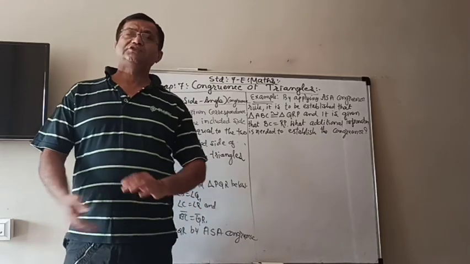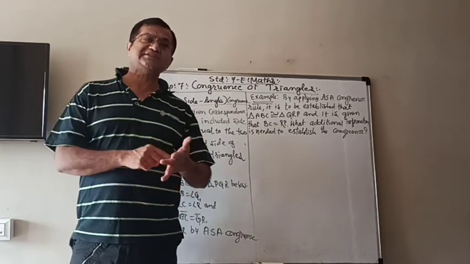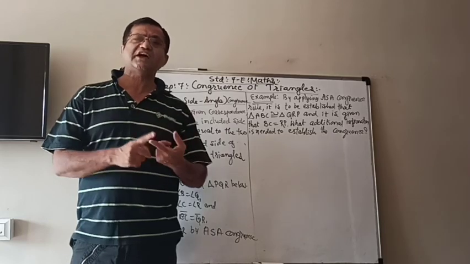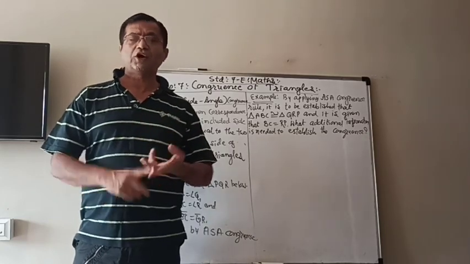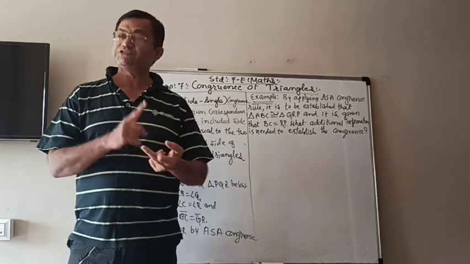We learned two criteria: SSS, that is the side criterion, and the SAS congruence rule.